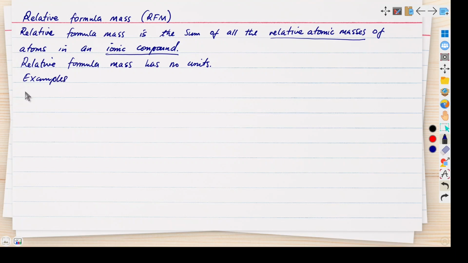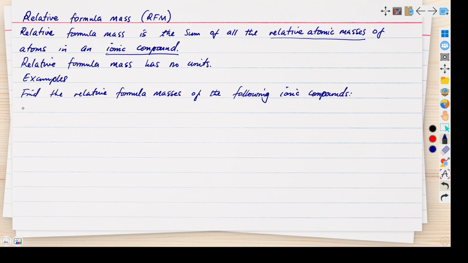Examples. So the question can be like: find the relative formula masses of the following ionic compounds. Then A, we have aluminium nitrate, like this.